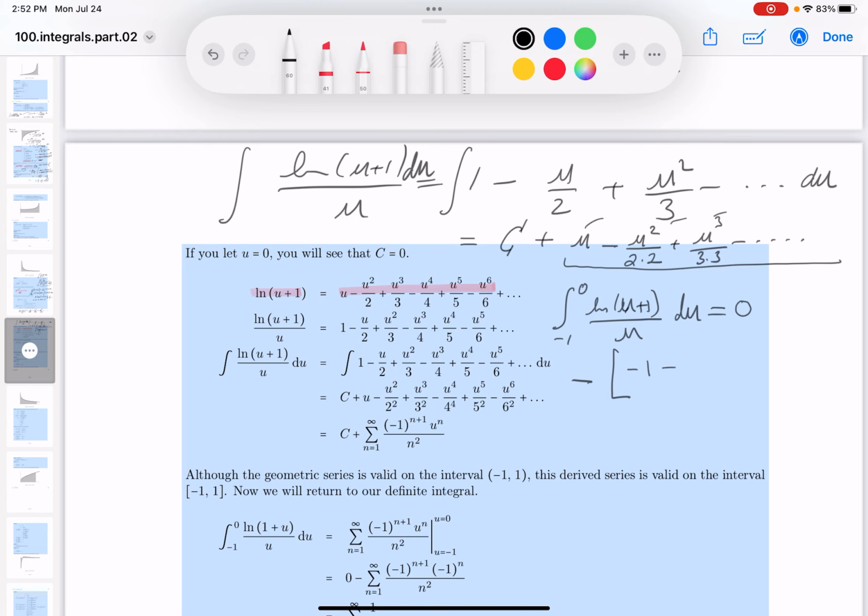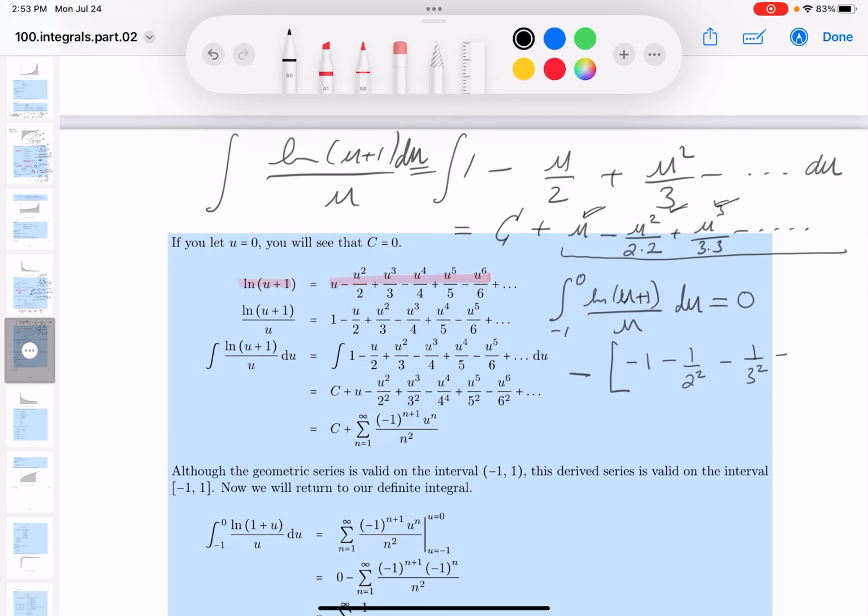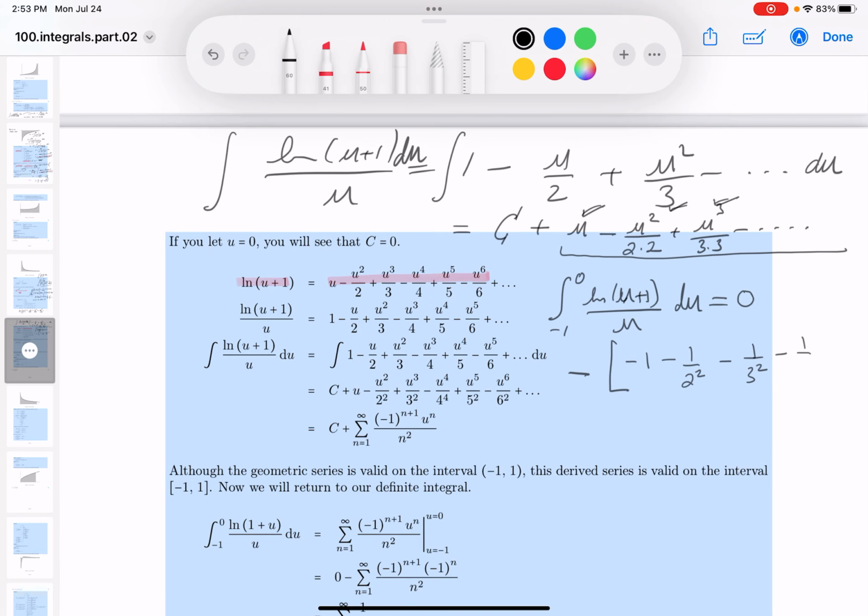Minus 1 over 2 squared. Let me see if I'm doing this right. Minus 1 over 3 squared. Wow, that's pretty simple. Minus 1 over 4 squared. I think you get the idea.